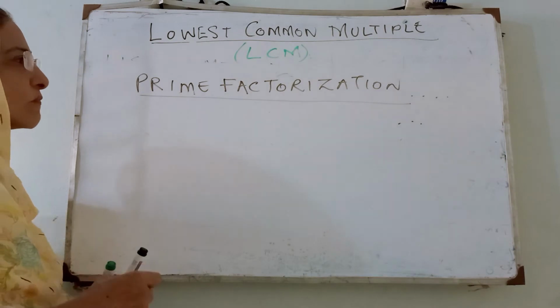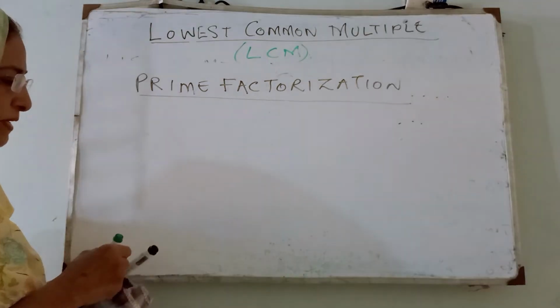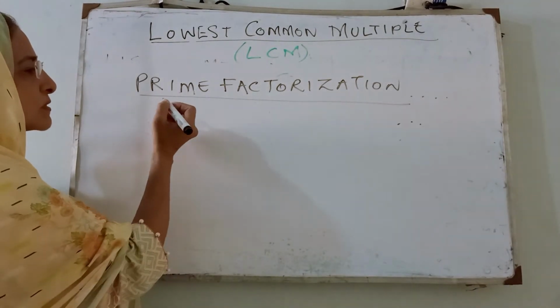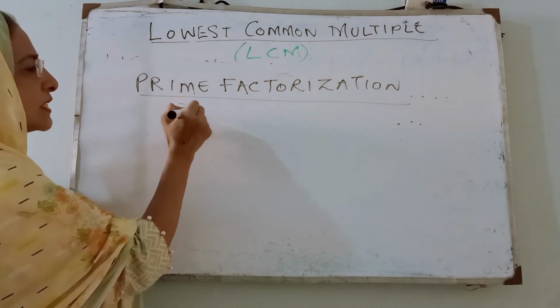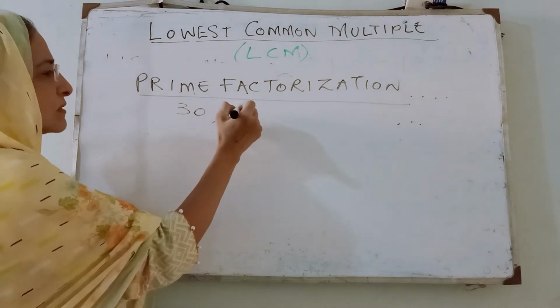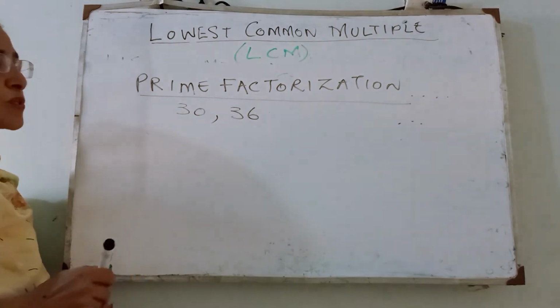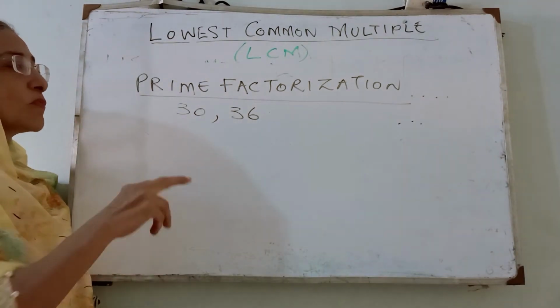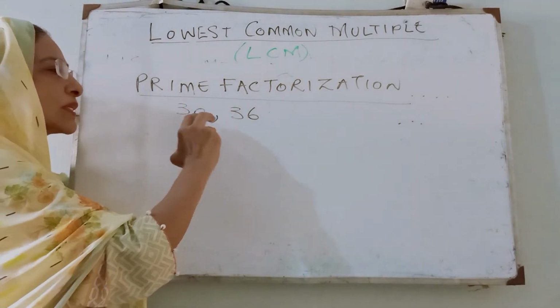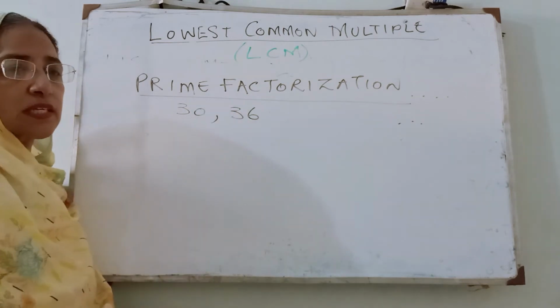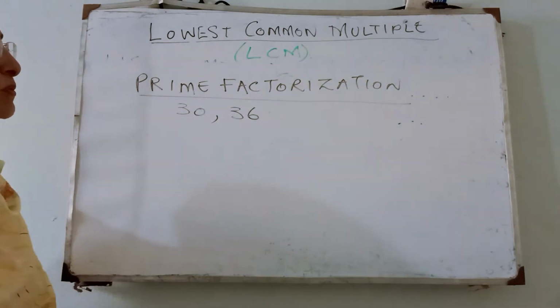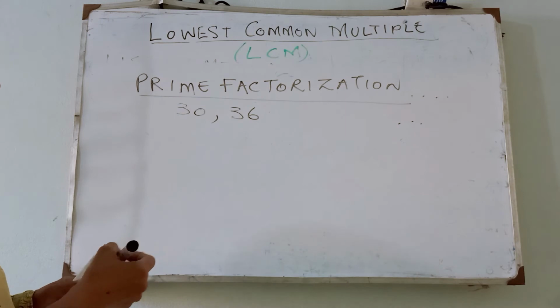For example, I am given two numbers, suppose 30 and 36. If I use the listing method, it will be very difficult to write the tables for 30 and 36. So I am going to use the prime factorization method.